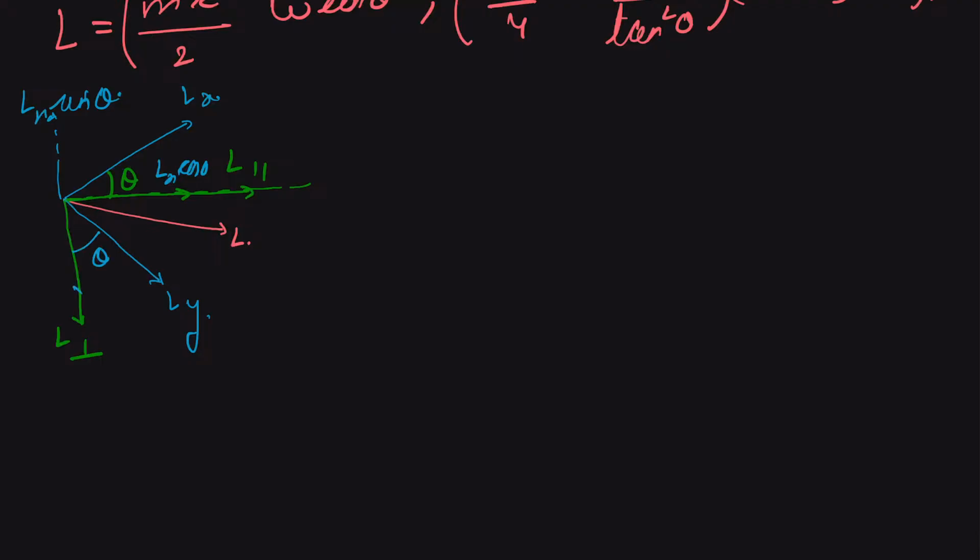So we are going to get L of y cos of theta, and this direction will be our Ly sine of theta. Therefore, from here we can write that our L parallel will be equal to Lx cos of theta plus Ly sine of theta.